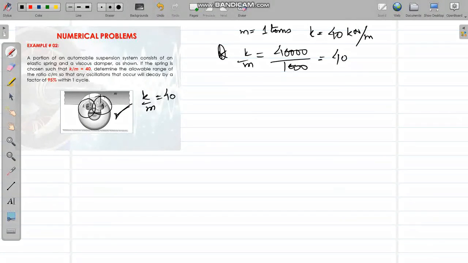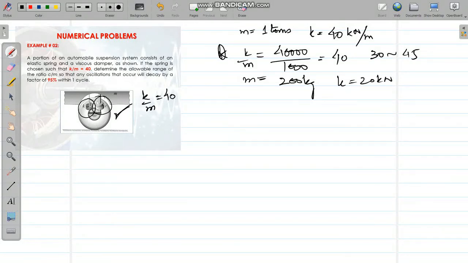It's not exactly 40 in all cars; it generally ranges from 30 to 45, so you can take an average of about 40. In the case of bikes, the mass including the passenger is about 200 kg, and the spring is roughly 20 kilonewton per meter. If you divide it, you get a value closer to this, but it can vary, maybe 25 as well. Anyhow, the ratio is very important while designing the shock absorbers of the car.